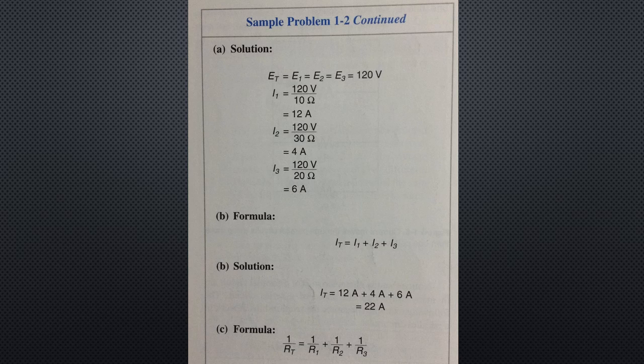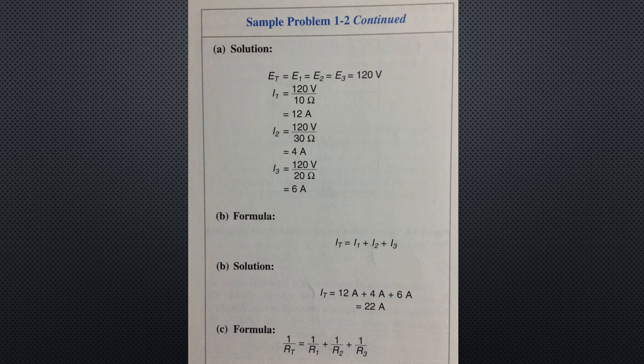Part C formula is 1 divided by the resistance total, which is equal to 1 divided by the resistance at 1 plus 1 divided by the resistance at 2 plus 1 divided by the resistance at 3. Solving, 1 divided by RT equals 1 divided by 10 ohms plus 1 divided by 30 ohms plus 1 divided by 20 ohms.